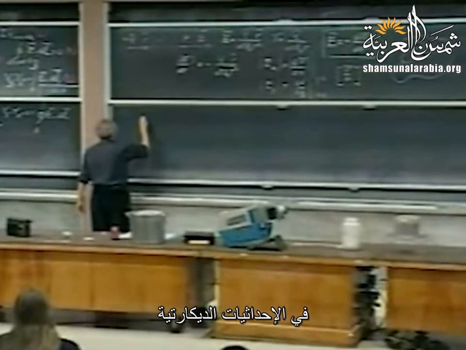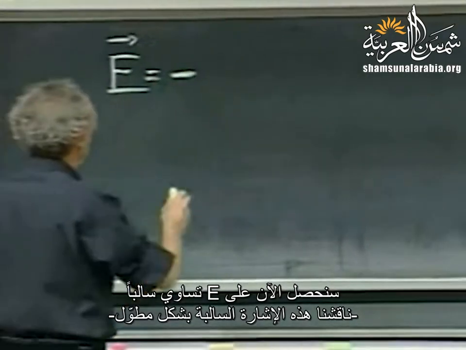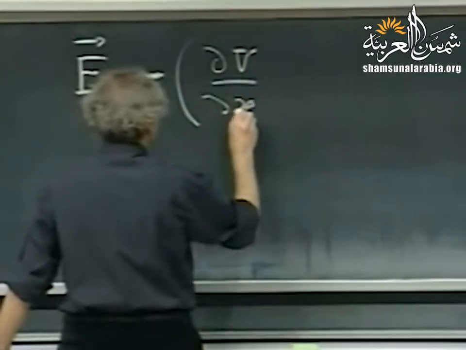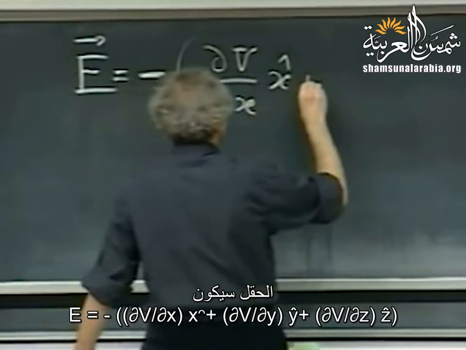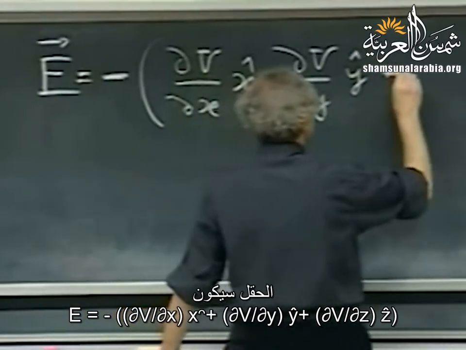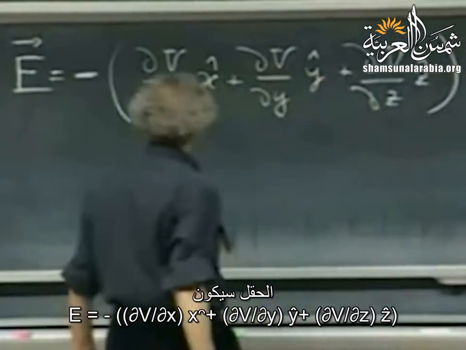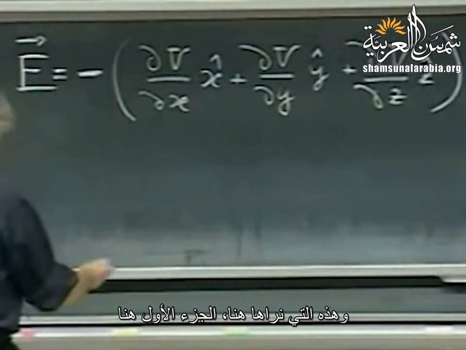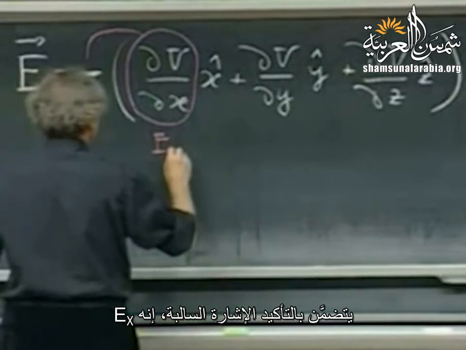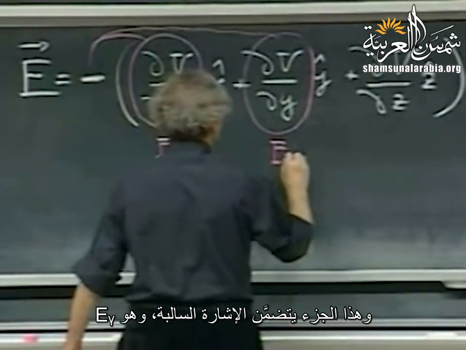So in Cartesian coordinates, we now get E equals minus, that minus sign we discussed at length, dV/dx times x hat plus dV/dy times y hat plus dV/dz times z hat. And what you see here, this first term, including, of course, the minus sign, that is E of x. And this term, including the minus sign, that is E of y, and so on.